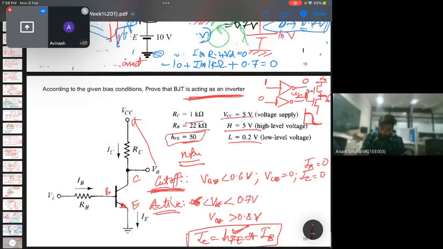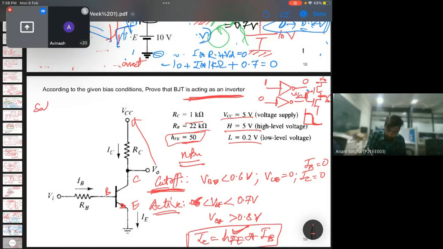There is one more region left, which is the saturation region. In saturation, VBE will be even greater than 0.7 volt and less than 0.8 volt, and VCE will now get reduced to 0.2 volt. These are the conditions we are talking about.